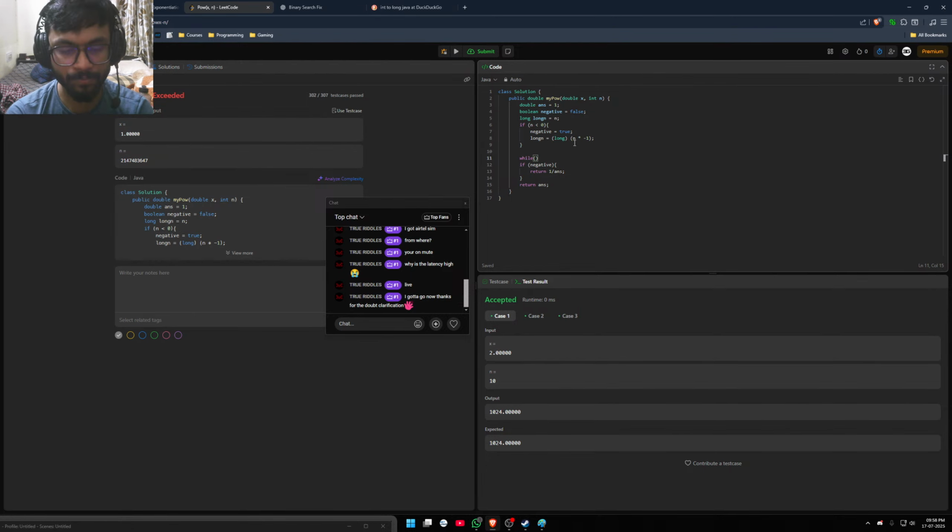So yeah, so while n is not equal to 0, if n mod 2 equal to 0, if it's even, then we say x is equal to x into x.